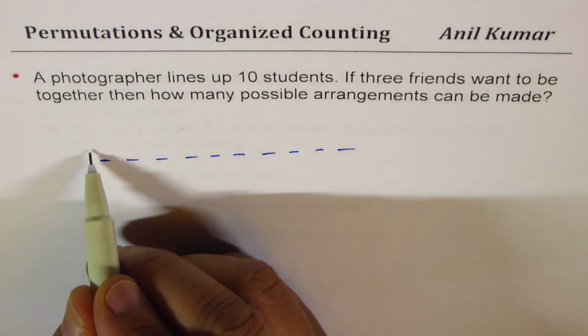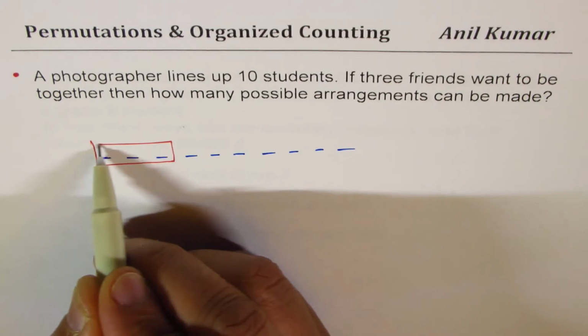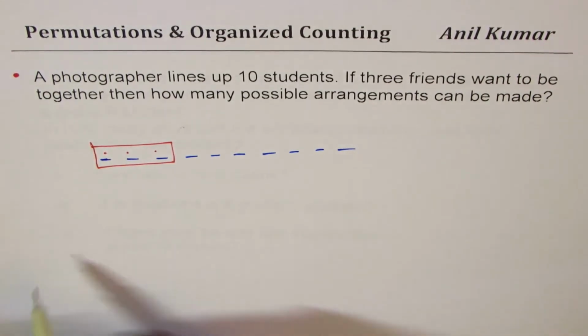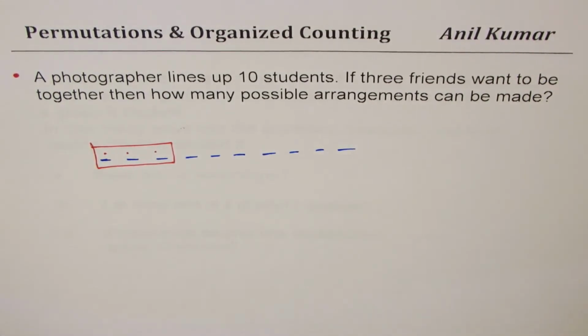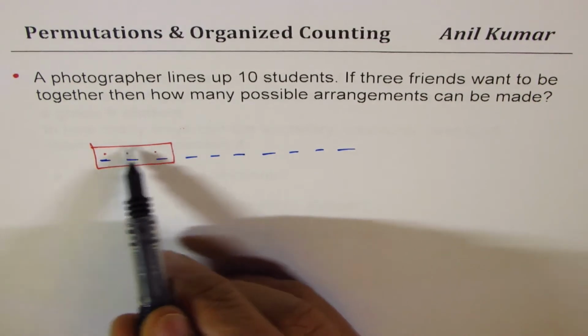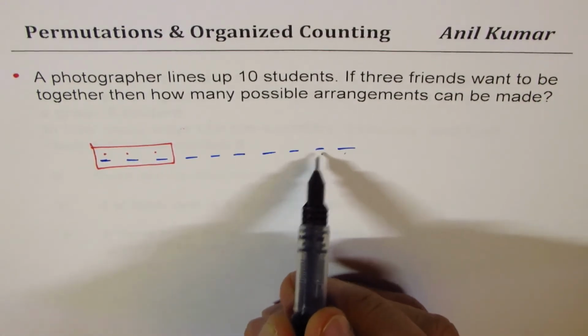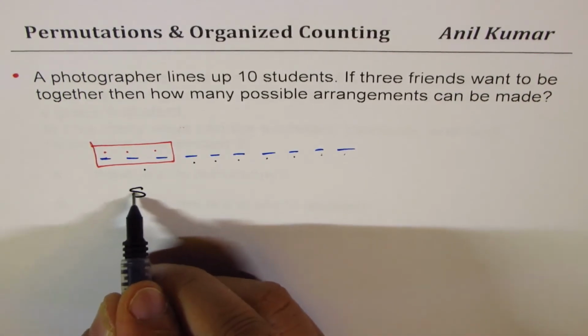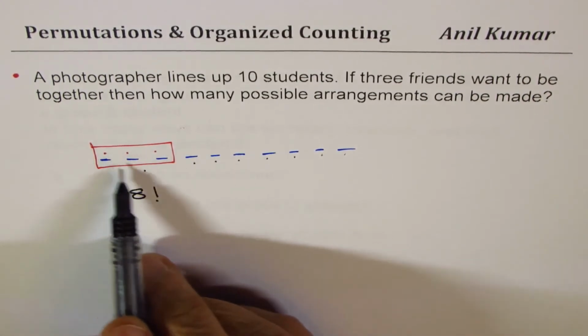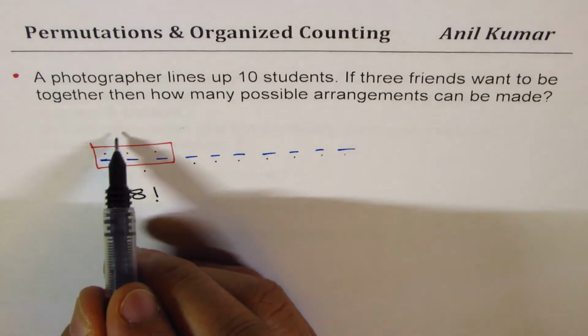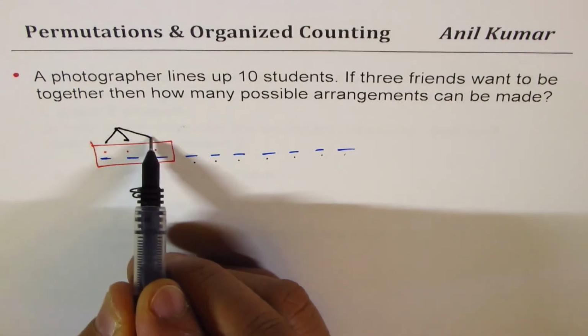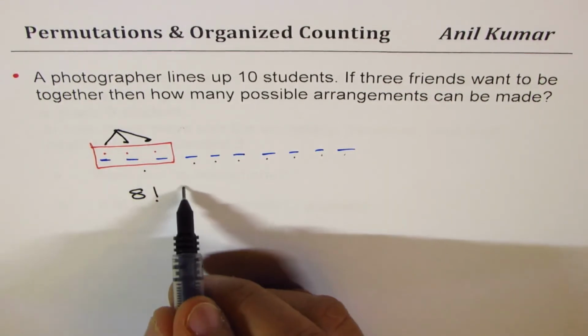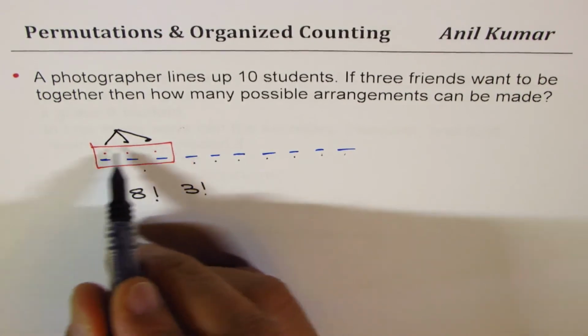3 friends want to be together, so we'll just club them, right? So we'll club 3 of them. How many are left in total? Clubbing them together: 1, 2, 3, 4, 5, 6, 7, 8. And therefore, there are 8 factorial ways of arranging them. But within this group, there are 3 factorial ways of their own arrangement.